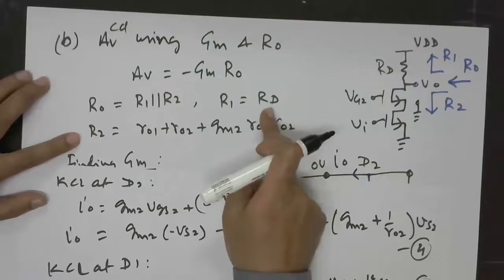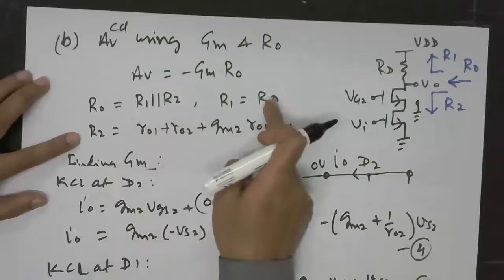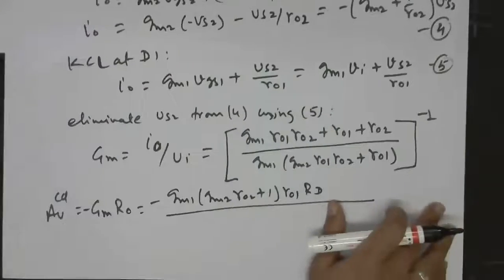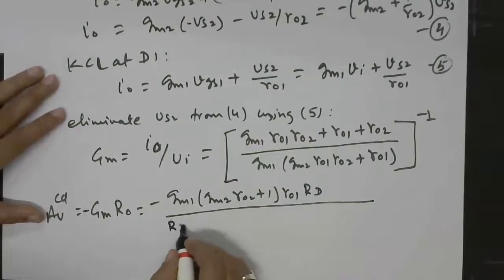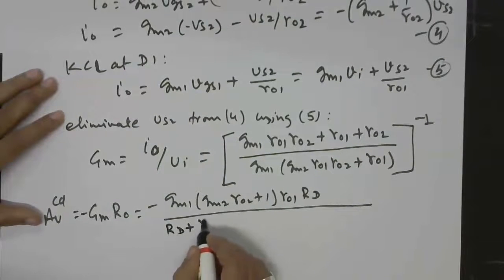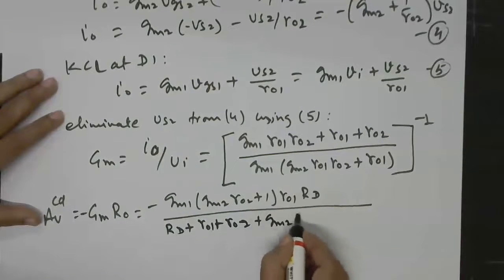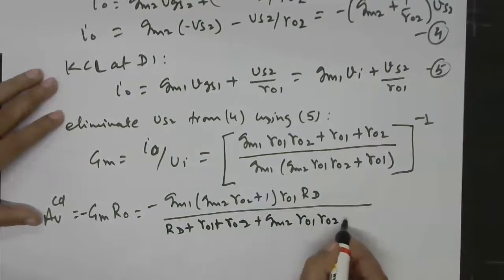So R1 is RD. This parallel becomes the product of these two divided by the sum of these two. So the denominator becomes RD plus R01 plus R02 plus GM2 R01 R02.